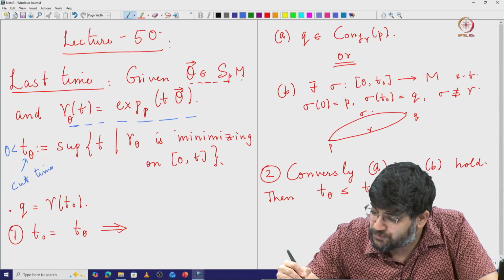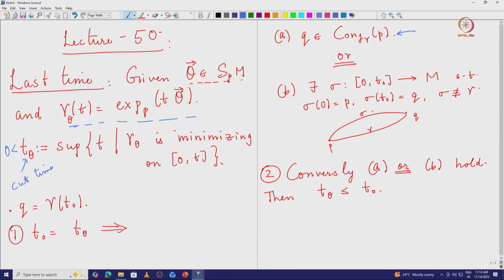In terms of the exponential map, criterion A corresponds to singular values of the exponential map, that means where the derivative of the exponential map is not injective.